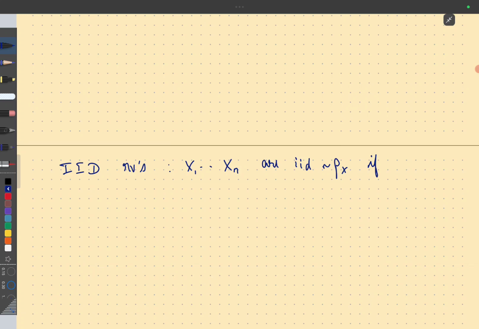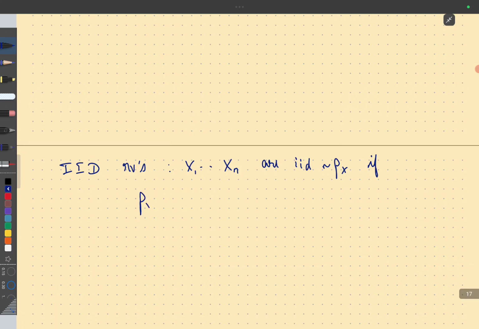Is pairwise independence enough? Probability of xi given all x1 to xn not including xi is equal to probability of xi. That's one way, but something more: it should follow the same distribution P_X.